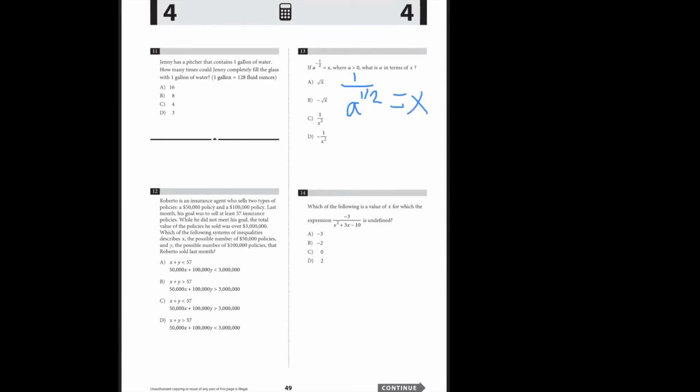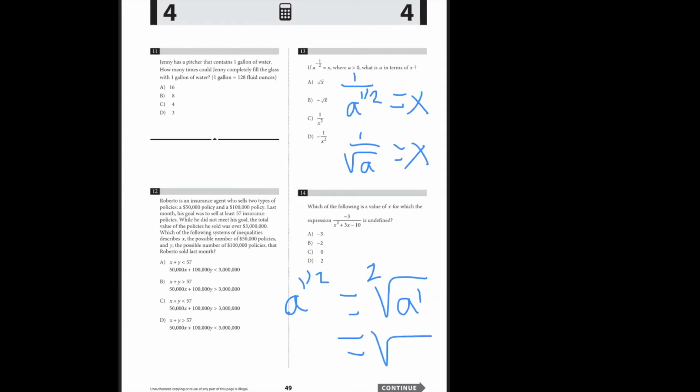This can be rewritten as a radical a, because going back to our converting principles, in order to make this into a radical, we put the numerator of the exponent on the inside and the radical on the outside. But really, the radical just means the square root, so you don't need to write the 2. So that's that.